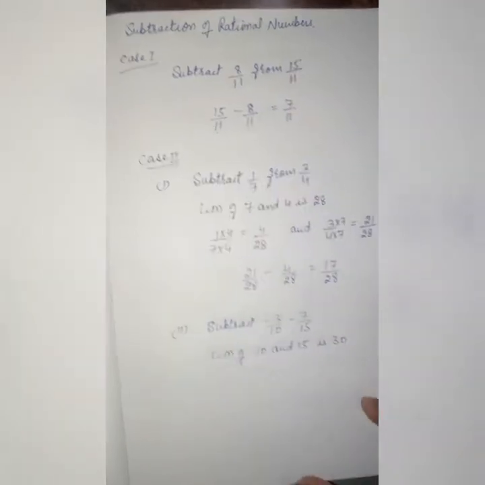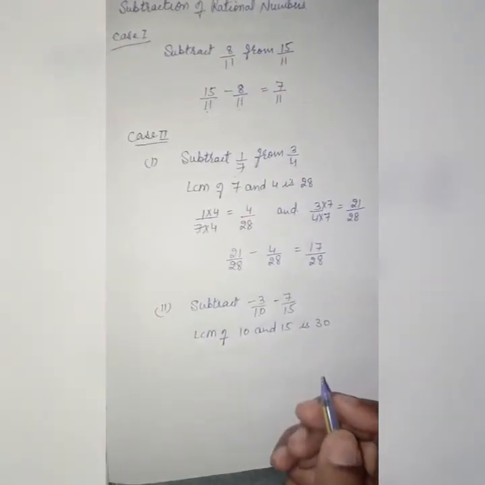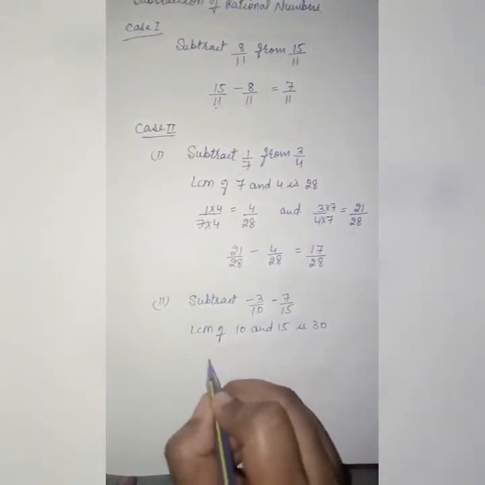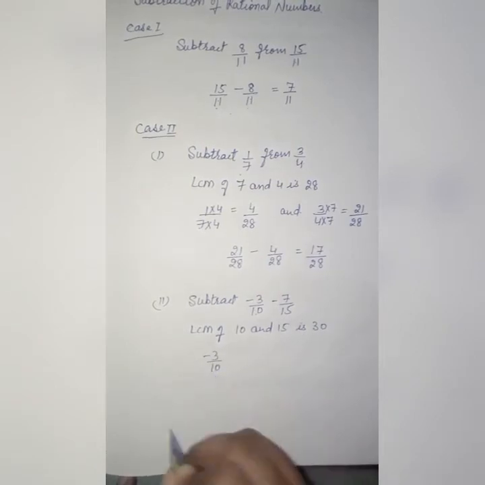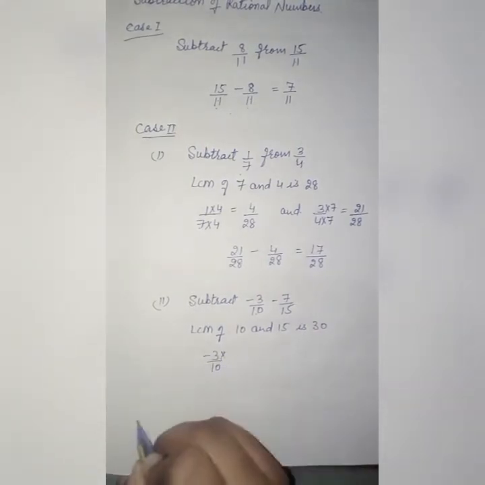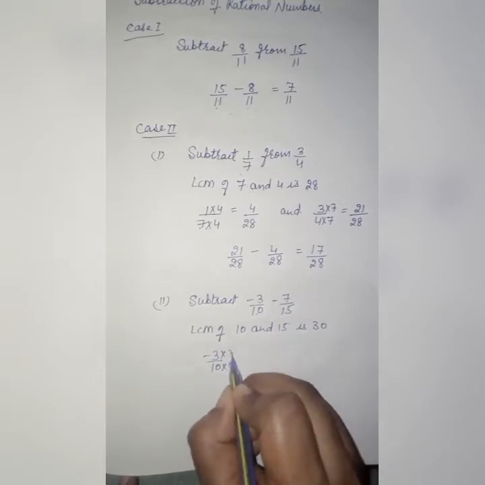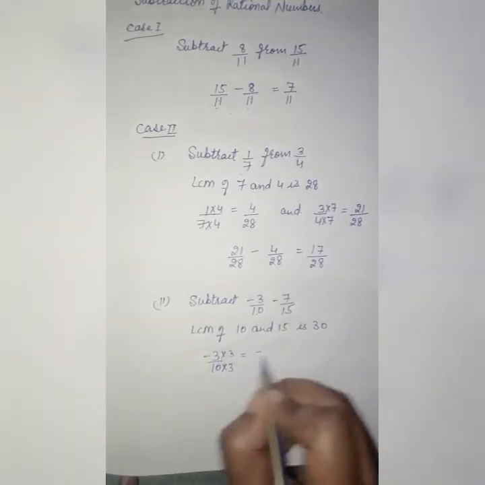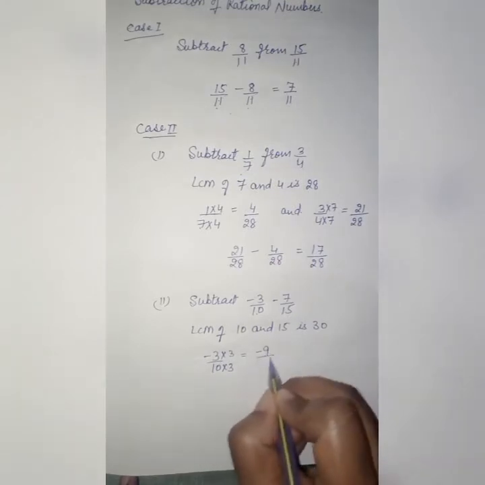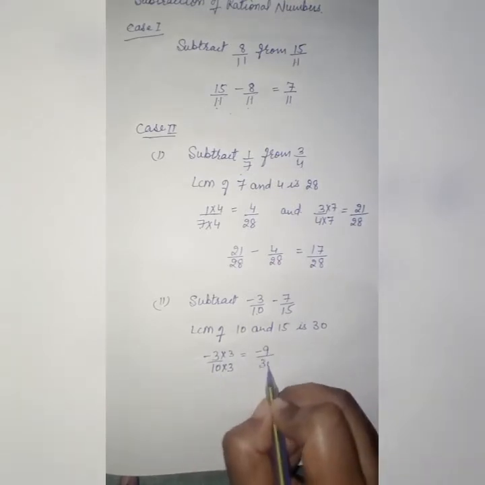Now you will make the denominators same. So minus 3 upon 10 into, what number you will use? 3. It will become 3 3s are 9, minus 9, 10 3s are 30.